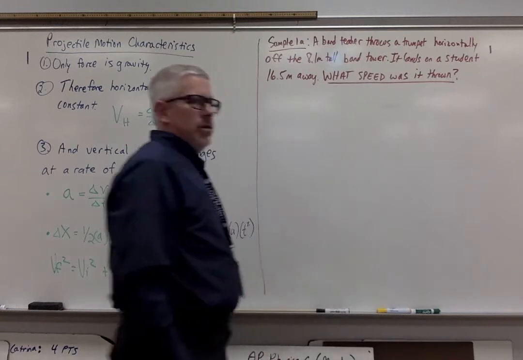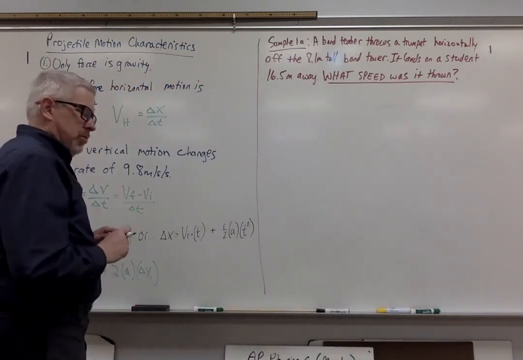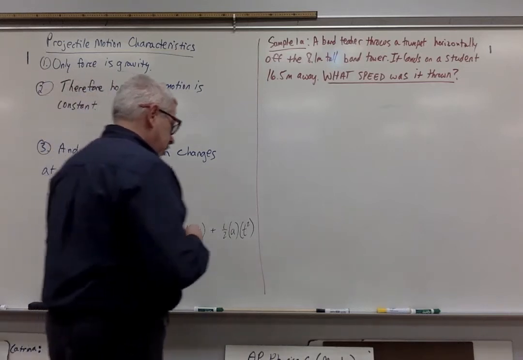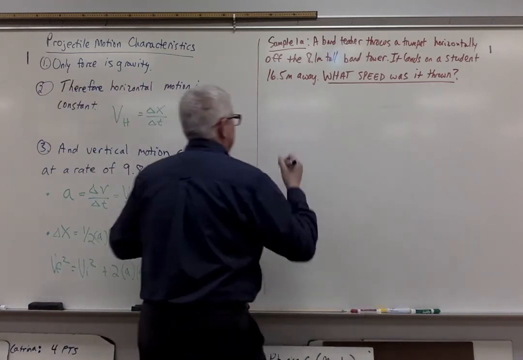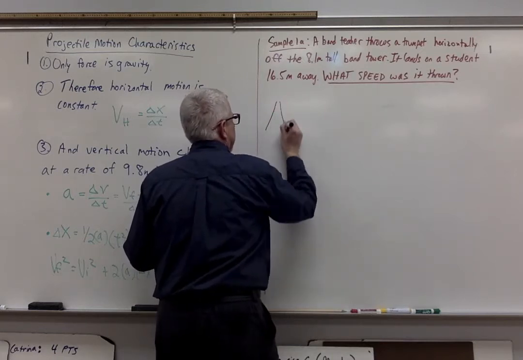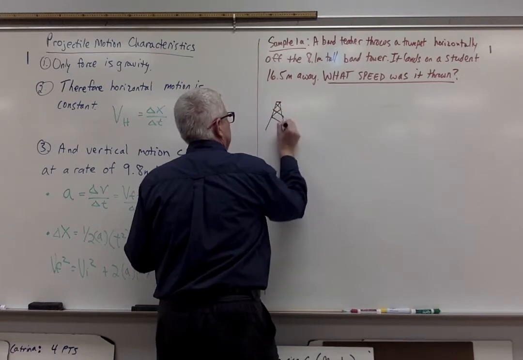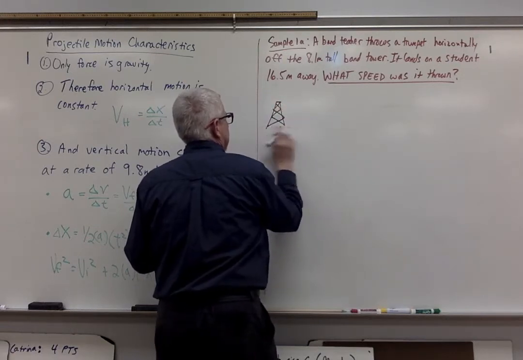The first thing I always do with most of these types of problems is draw a picture. I don't have a ton of room to do that here, but I'll try. So let's say I have something like this. Here's my band tower. Something like that.